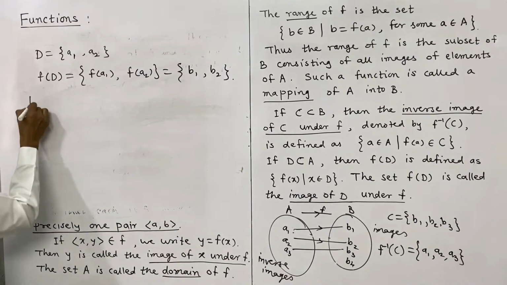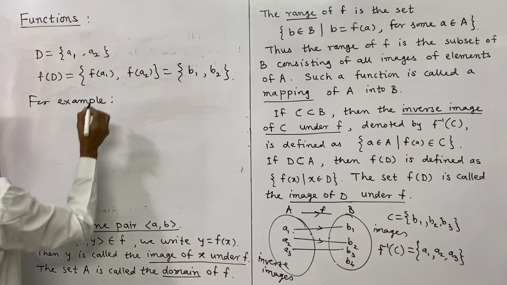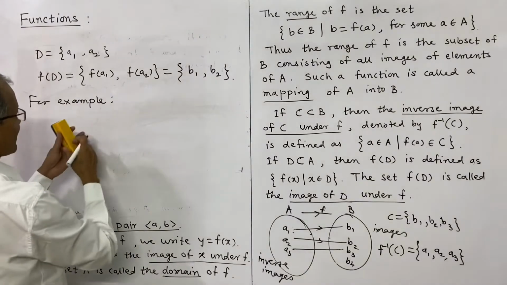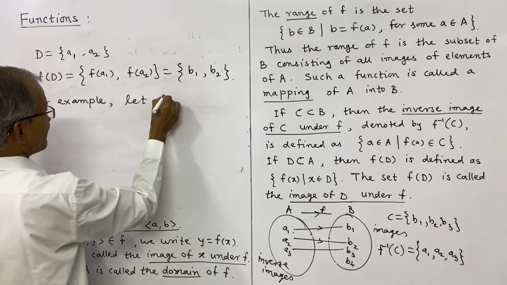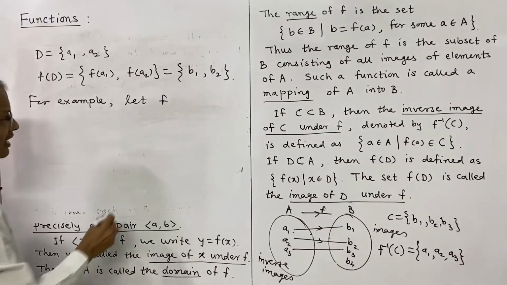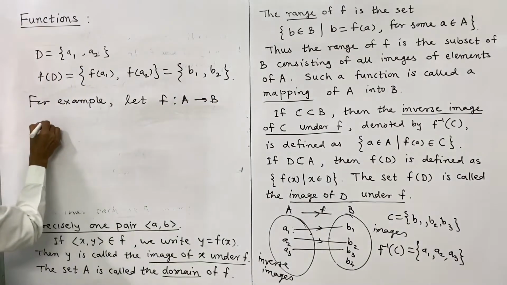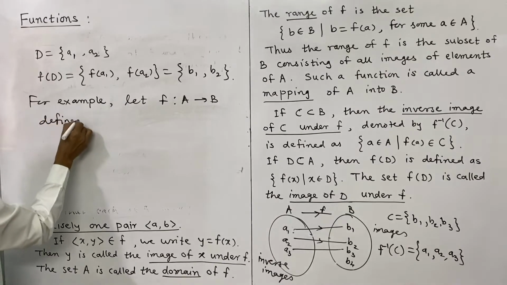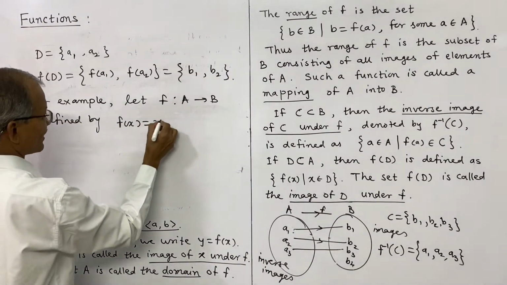For example, let f be a function from set A to B, and that can be defined by f of x is equal to x square.